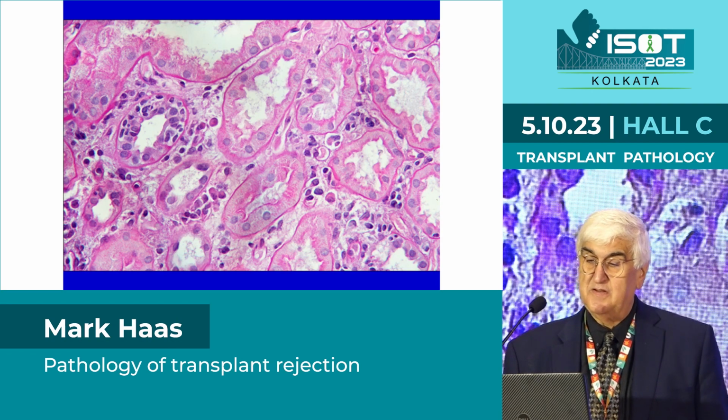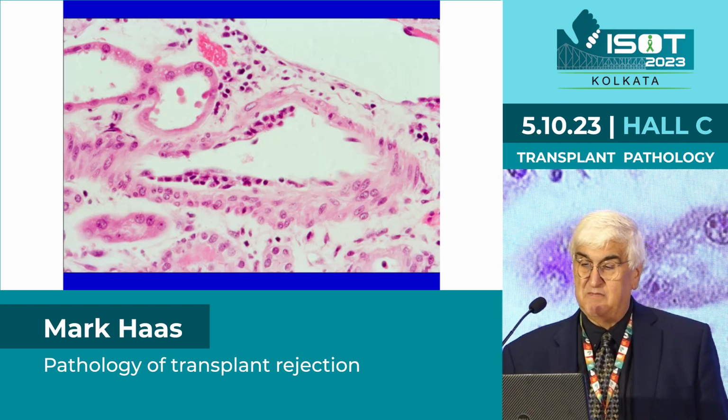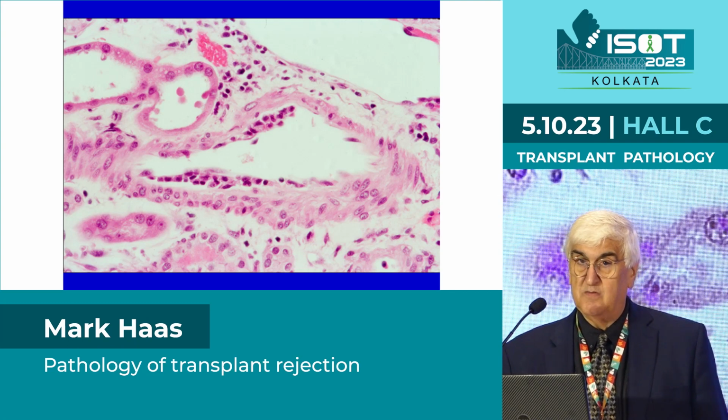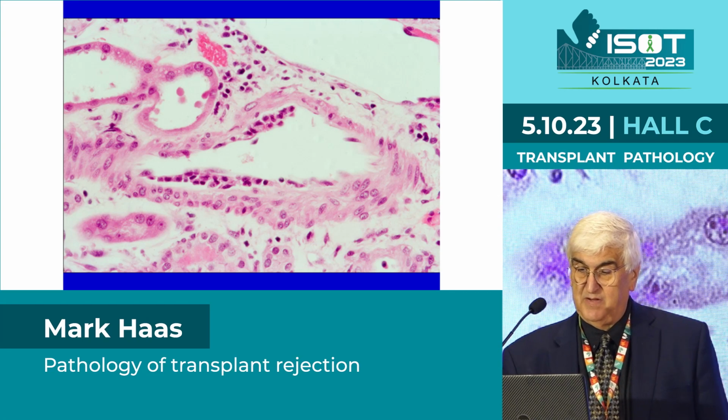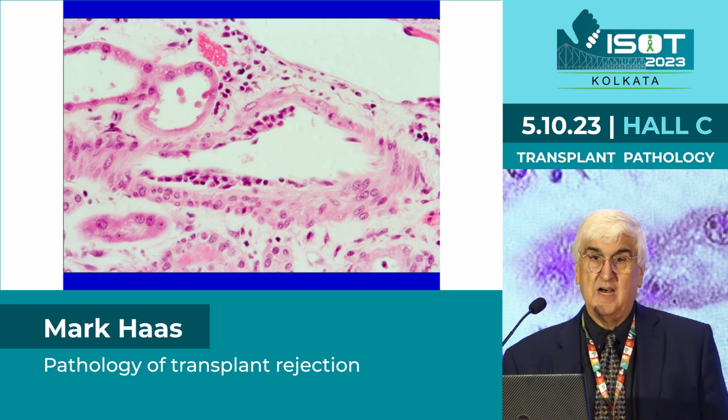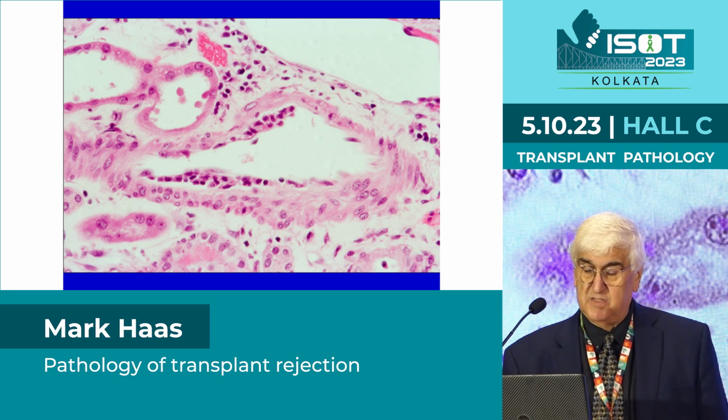The other lesion that we can see in cell-mediated rejection is endarteritis or intimal arteritis, in which there is infiltration of mononuclear leukocytes in arteries, and I must stress it's arteries, not veins and arterioles, directly beneath the endothelium.